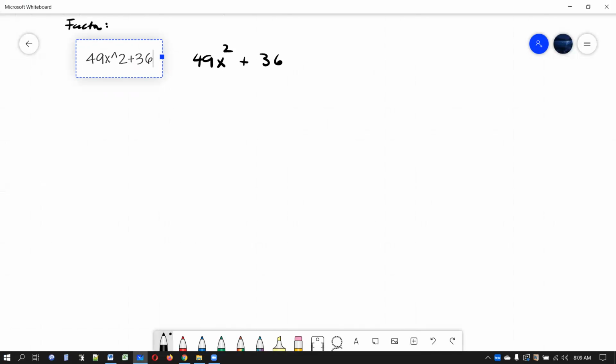So at first, as we are ready to identify this as difference of squares, it looks like we have a problem that we can apply difference of squares to. Two terms, but we don't have a minus. We have a plus. Even though it looks like difference of squares, it's not. So not difference of squares because there's no minus. So as it is right now, it is not factorable by difference of squares.